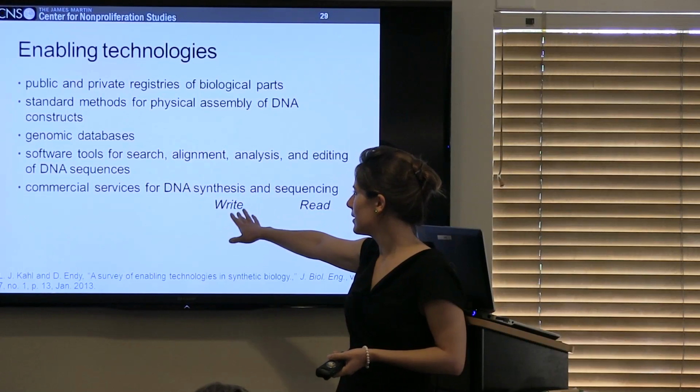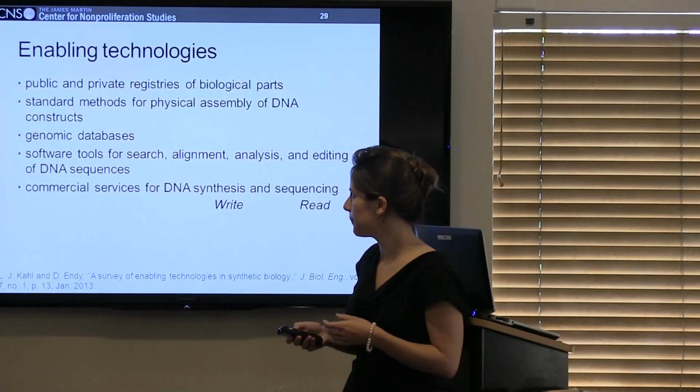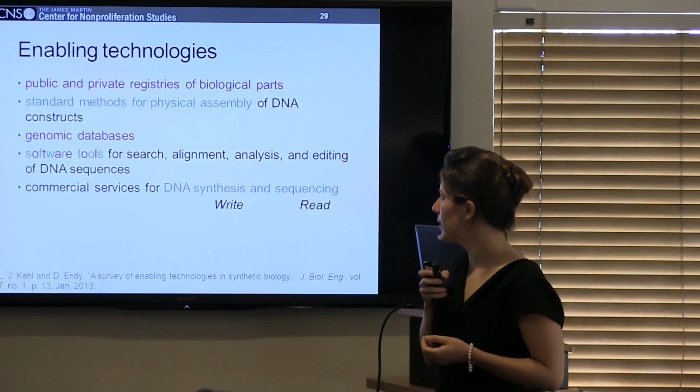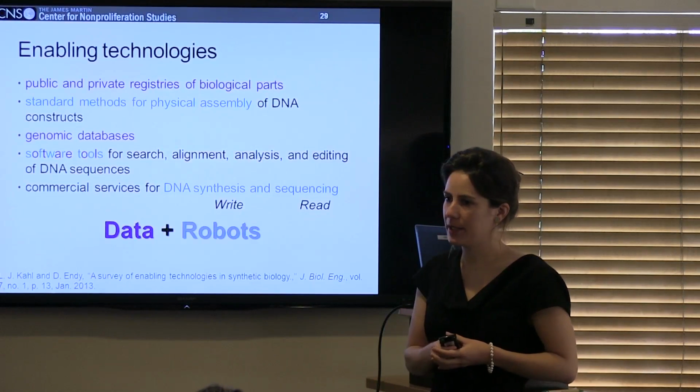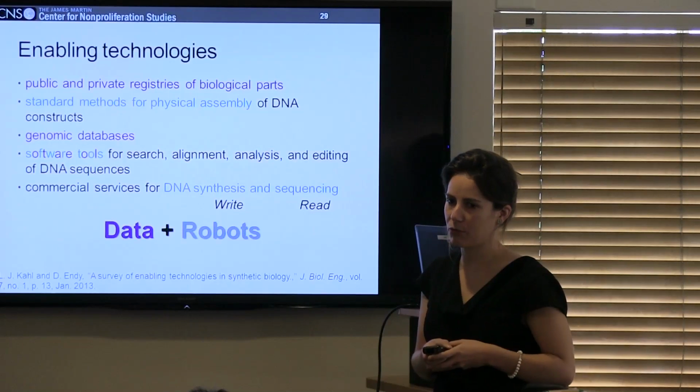Just one thing: DNA synthesis is basically writing DNA and DNA sequencing is reading it. So when I look at this, I saw that basically the enabling technologies were a lot of data and a lot of robots.